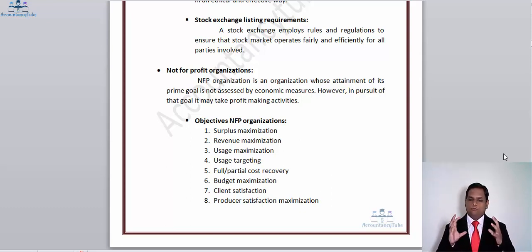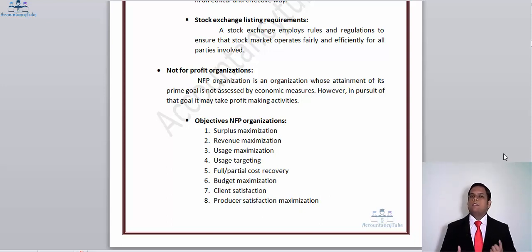their main purpose is to fund as many students as they can towards, for example, a primary level of education. But in pursuit of those objectives, they have the authority, and in most cases they do, to pursue a profit-making activity.